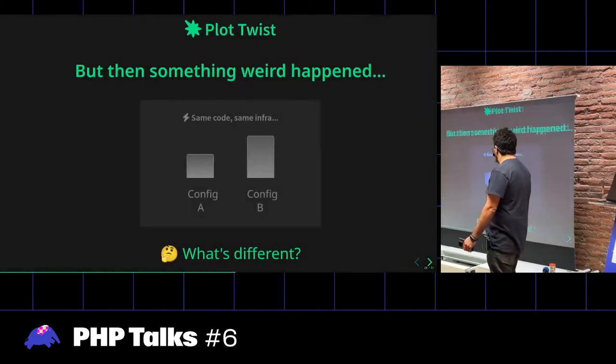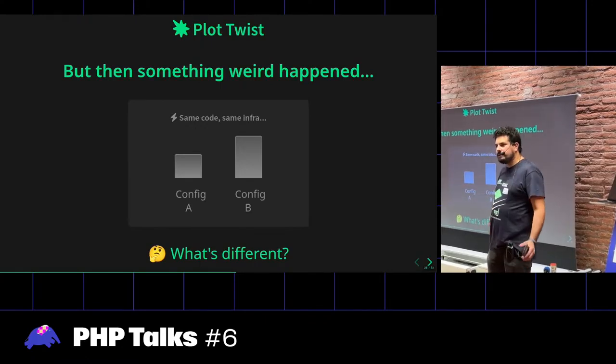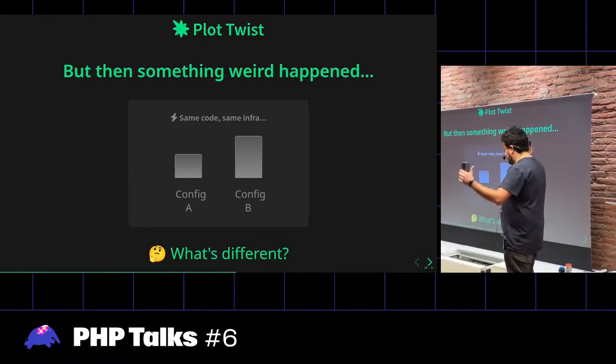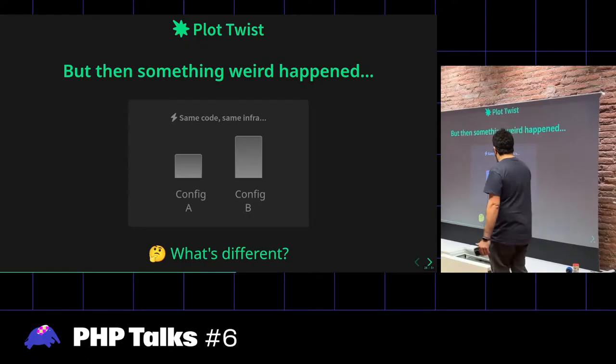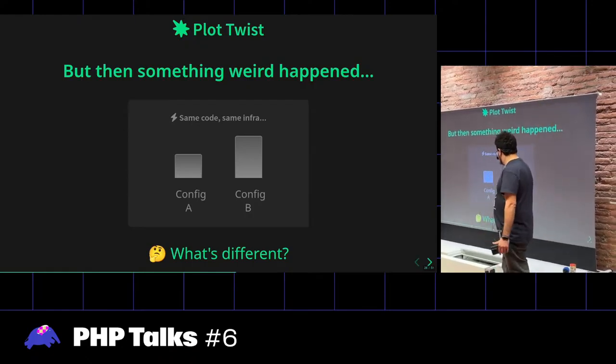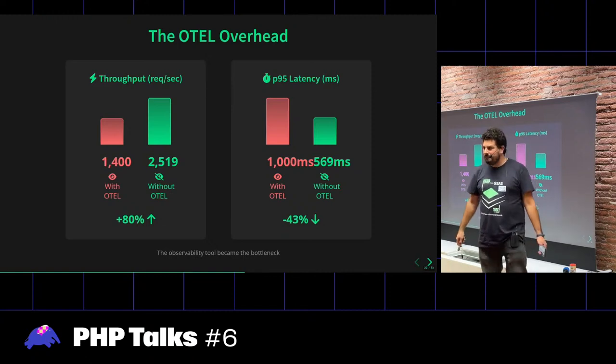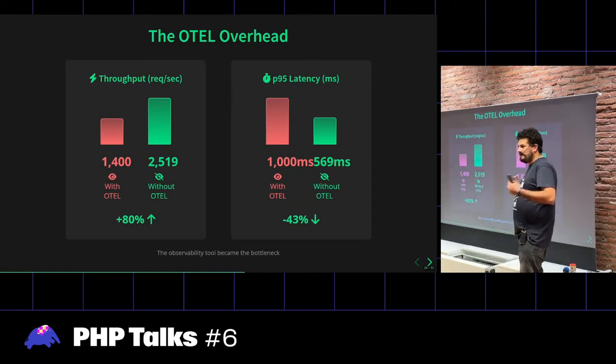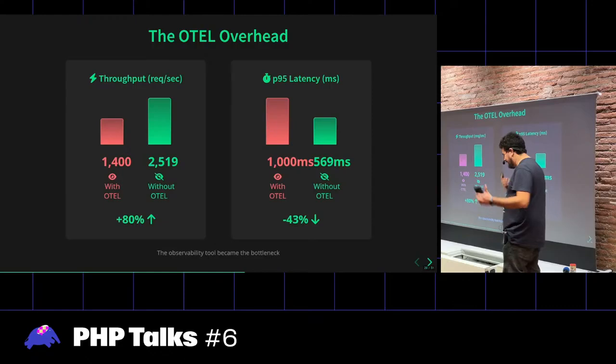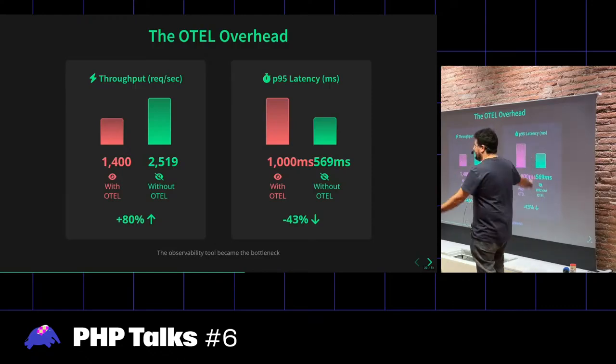But something was weird when I tried to test this heavily. From the same code, from the same infra, the numbers were mismatched. What was this thing? My OpenTelemetry was hitting me. The one who gave me the response gave me the pain.